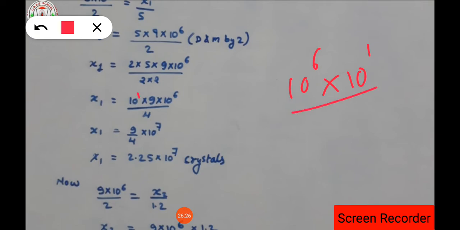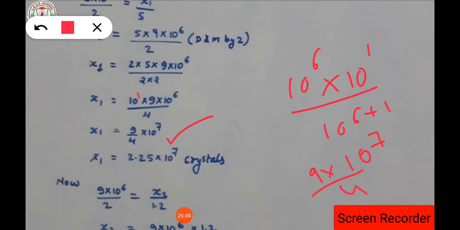So if the bases are the same and powers are different, applying the law of exponents, the powers will be added. So the power will become 7, 10 to the power 7. That's why we multiplied 2 in the numerator and denominator. So what will be the answer? 9 into 10 to the power 7 upon 4.